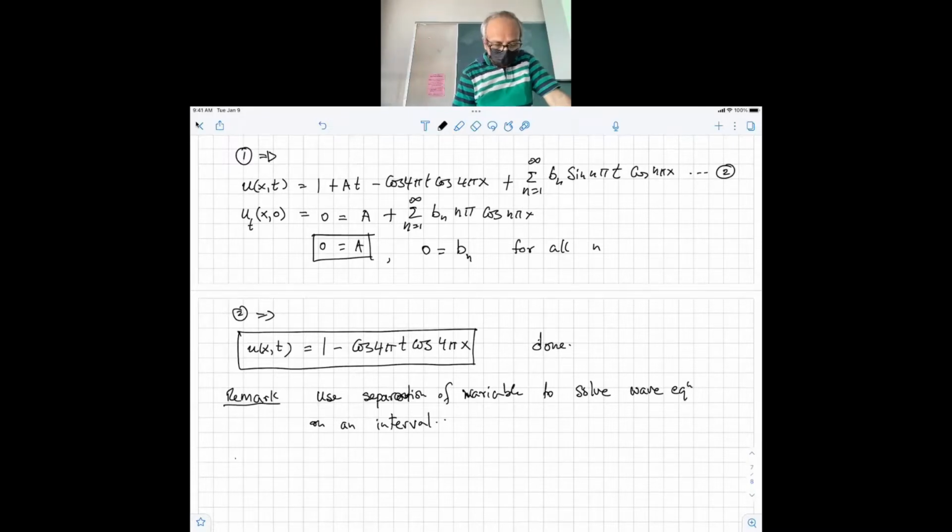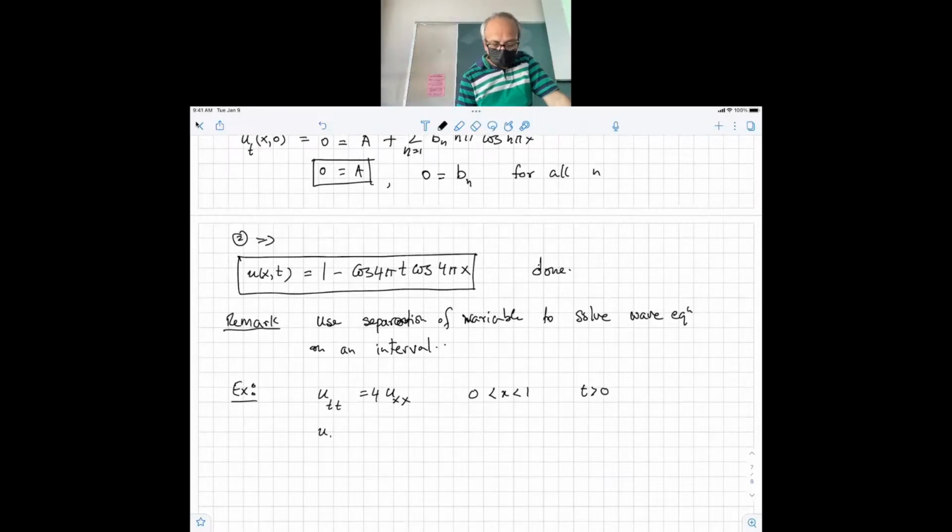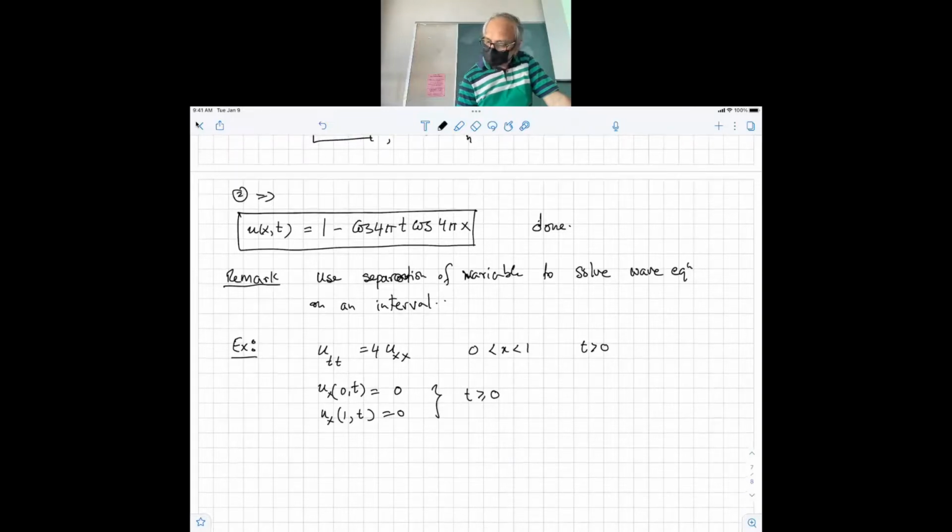Okay. So we look for an example here. Boundary condition will be 0, and that is 1 at t is also 0, t is greater than or equal to 0, u_t at x 0.